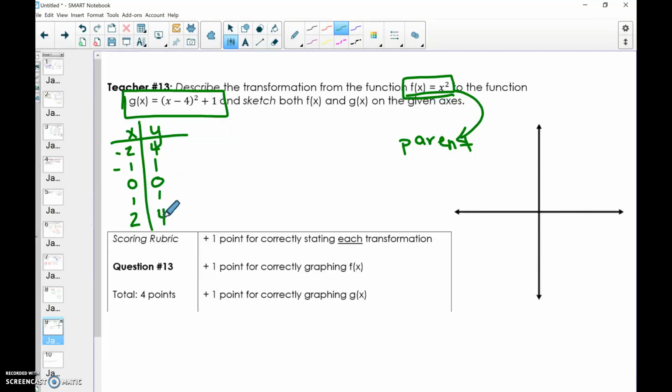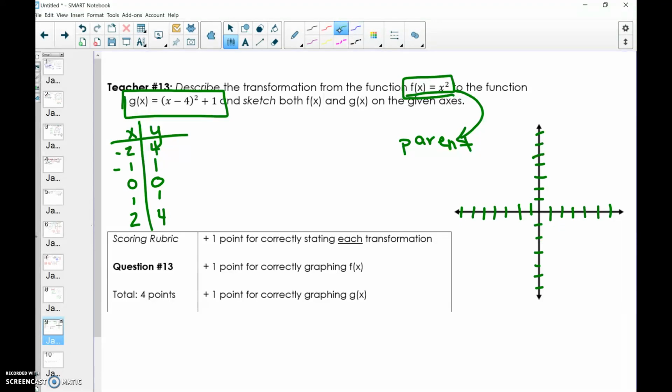So those are kind of my starting points, and actually they're my starting points for both graphs, but it is important that I have it for the x squared one at least. I'm going to put some quick notches in my graph. There we go. And for your teacher, they may not care if it's exact. I like to have mine be exact points because it makes it a little bit more concrete for me.